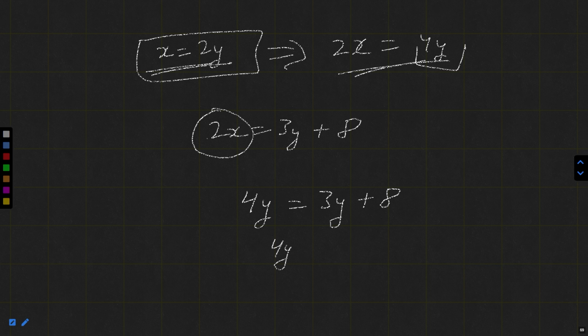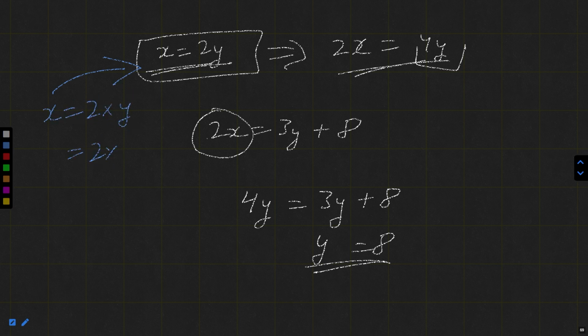So 4y minus 3y is equal to 8. 4 times y minus 3 times y gives just a single y, so y is equal to 8. Then I can apply the value of y to get x. x is equal to 2 times y, and y is 8. From this I can say that the value for x is 16 and the value for y is 8.